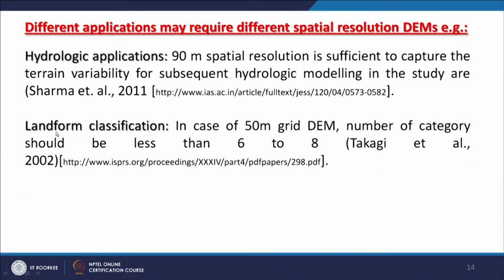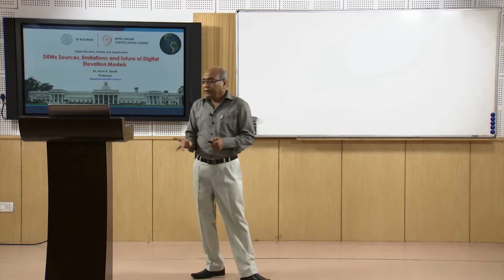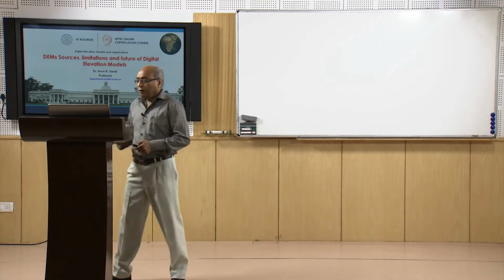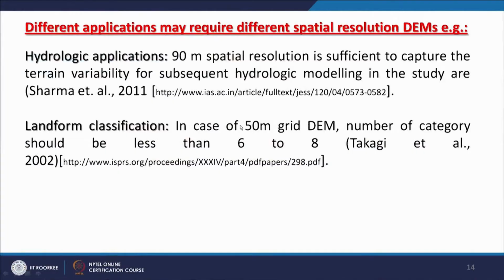And another example, for landform classification, is the topographic position index, which we have discussed. And there a 50 meter or 30 meter digital elevation model can be employed for that purpose. And of course when we use a relatively coarser resolution digital elevation model, the number of categories of landforms should not be large.